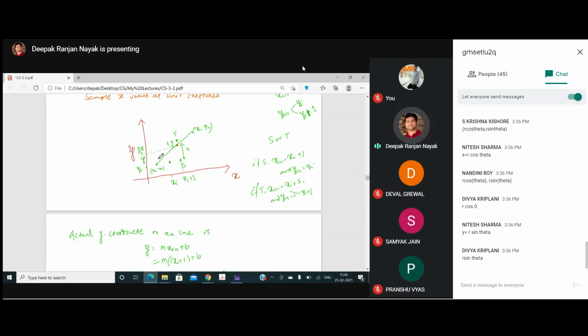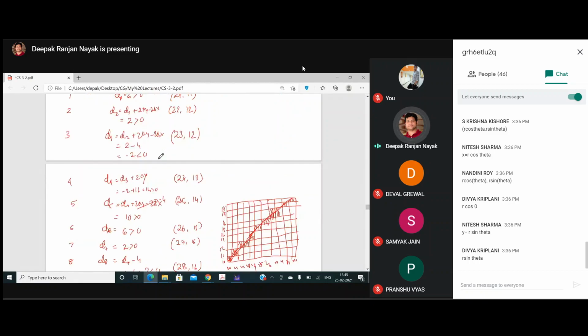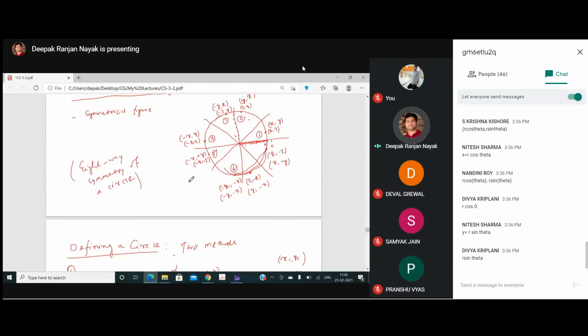And we've seen that if you only use the 8-way approach to generate, the points will only be generated through the 45-degree angle. I've shown you that the points can only be drawn with the help of this 45-degree angle.